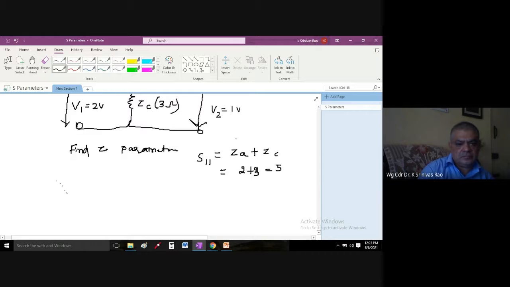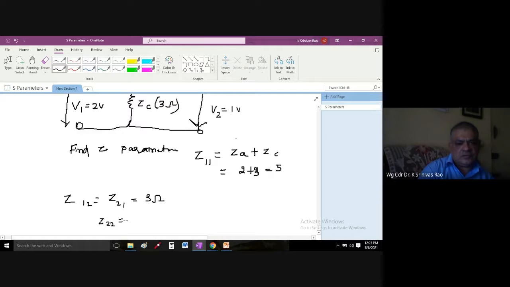Similarly, Z12 is equal to, this is Z parameters, so this is not S parameter. This is Z12, which is equal to Z21. ZC is 3 ohms, so 3 ohms. Therefore, we have the last one, that is your Z22.